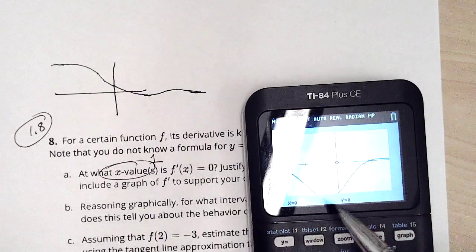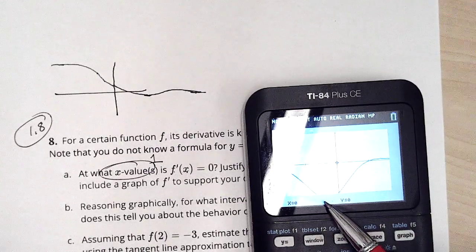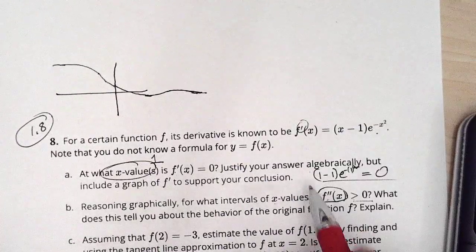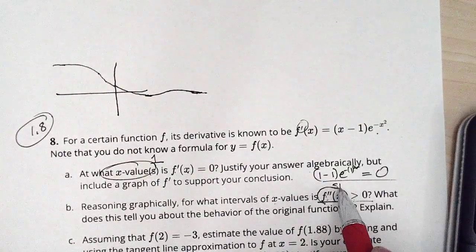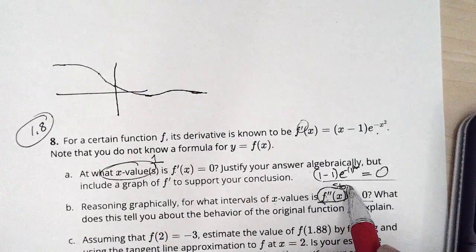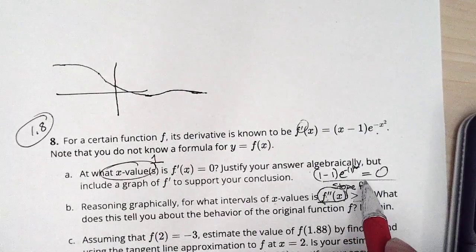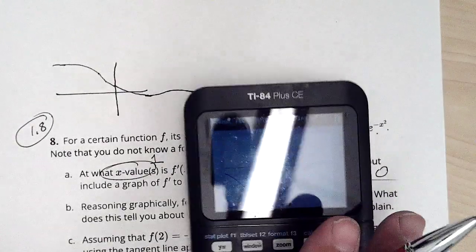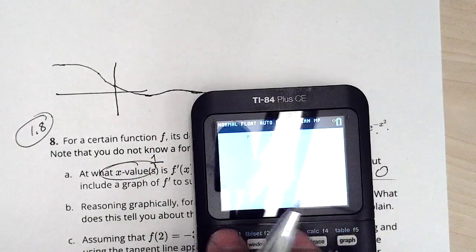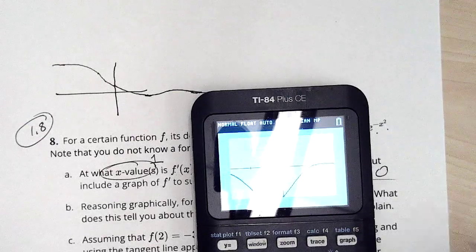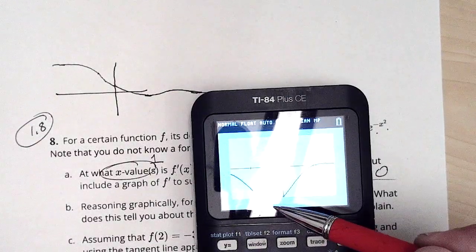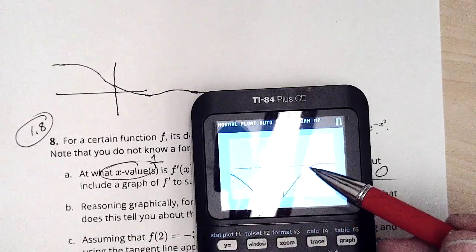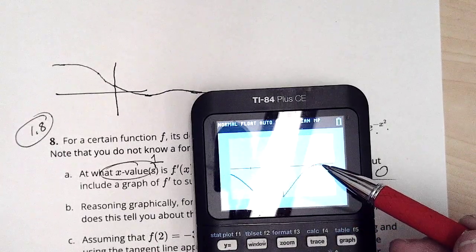The second derivative is the slope of f prime. And this says positive. So when is the slope of this positive? Well, it changes somewhere in here. The slope of this is positive all the way to some place there.